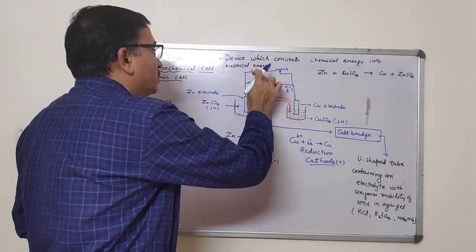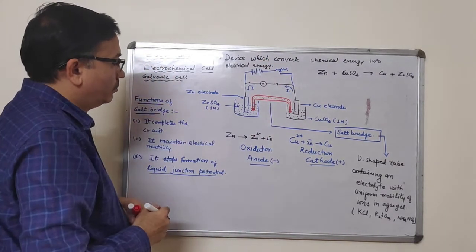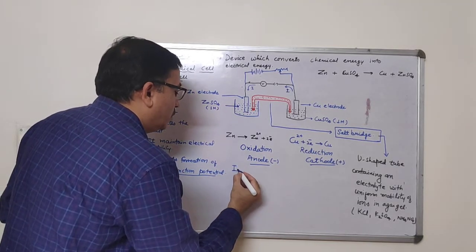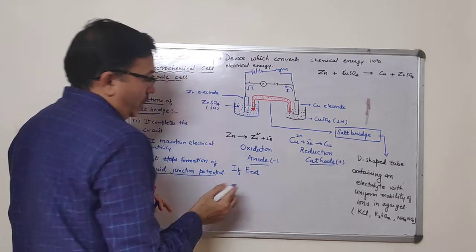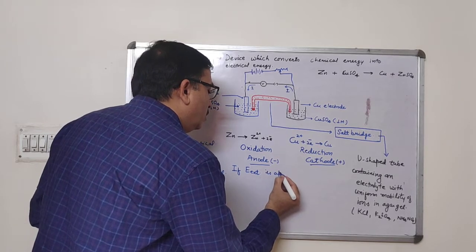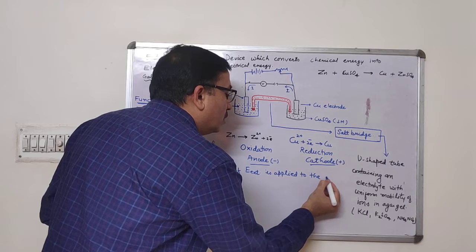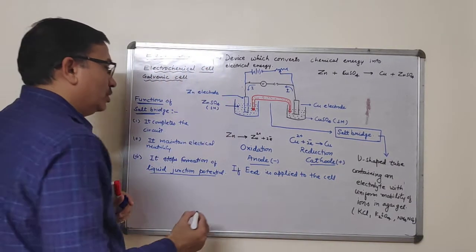Then what happens to the cell? If an external potential E external is applied to the cell, we have three situations.